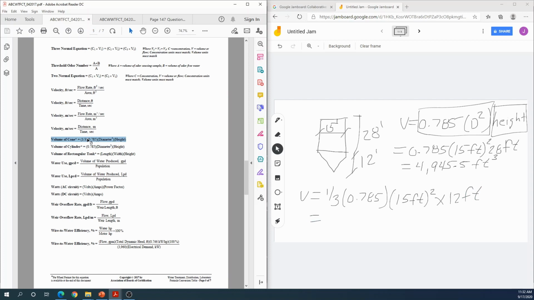Run this through our calculator, and we get 706.5 feet cubed.